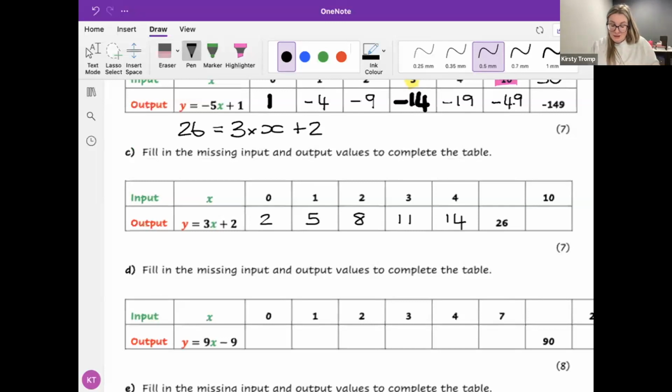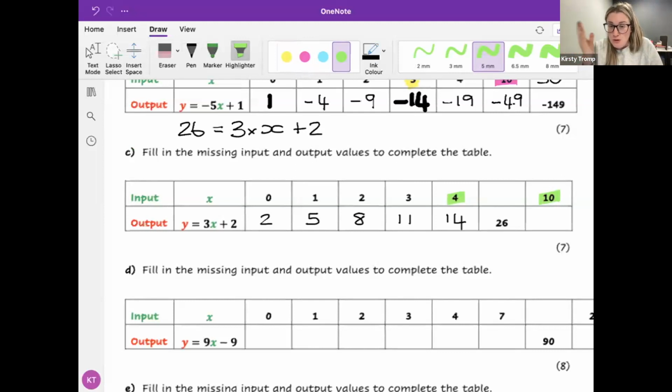So 3 times what plus 2 will give me 26. Would it be fair to say, everybody, that this number is definitely going to fall between 4 and 10? Because if we look at the blocks, we see that it's in between those two numbers. So our x value is going to fall between 4 and 10.